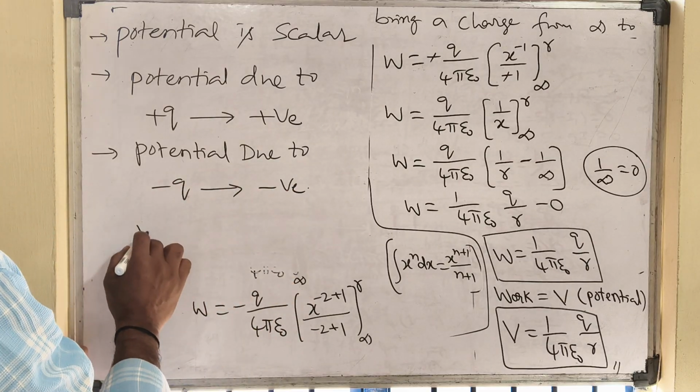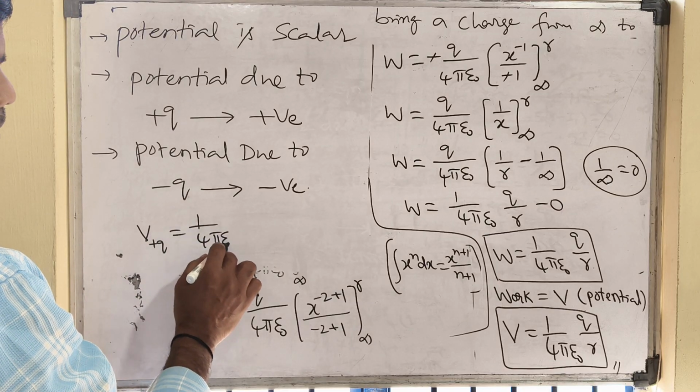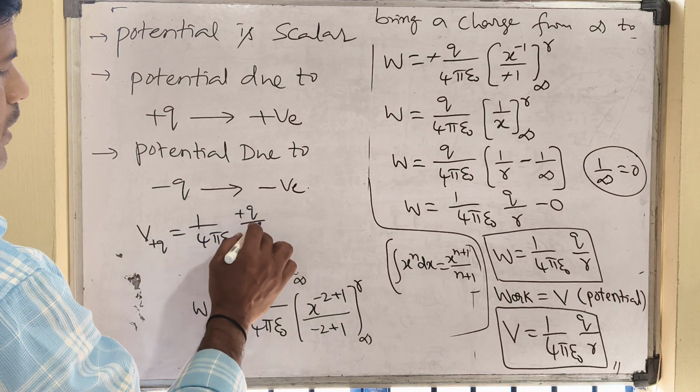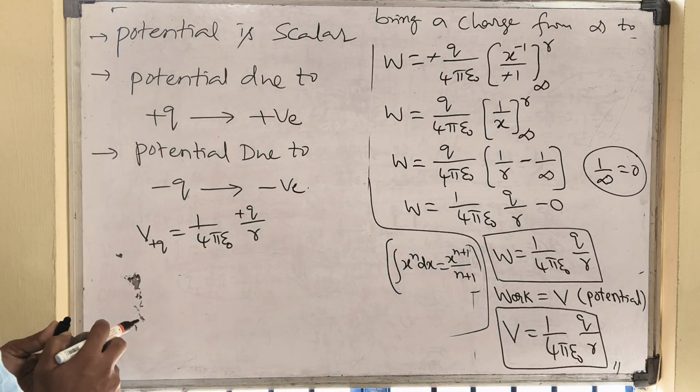For example, for plus Q, V is 1 by 4 pi epsilon naught plus Q by R, according to the final equation.